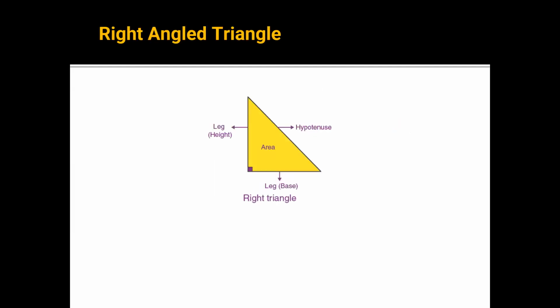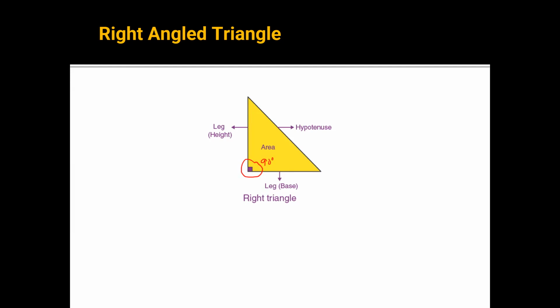Now, once we understood what a right angle is, we can understand what a right angle triangle is. As the name suggests, in a right angle triangle we have a right angle. So it is a triangle that has one right angle. You can see here, in this triangle, we have one right angle. This small square denotes 90 degrees, and 90 degrees means a right angle.